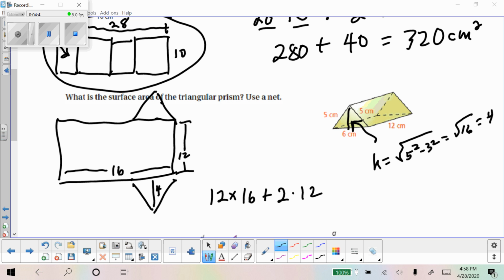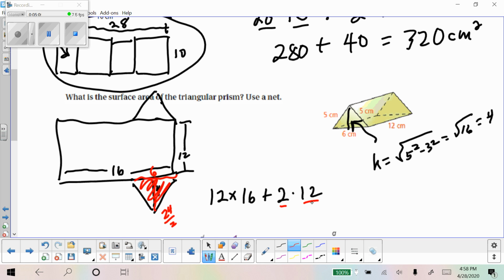All right, so I hope you realized you had to use the Pythagorean theorem to find the height of that triangular base, which was 4, right here. And so the base of that is 6. 6 times 4 is 24, divided by 2 is 12. So each of those are 12. So I did 2 times 12 there.